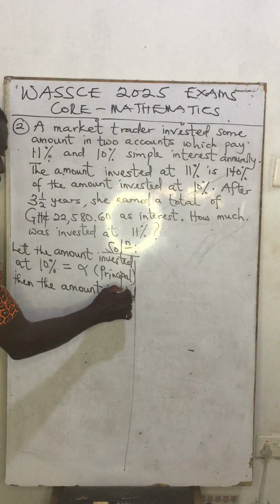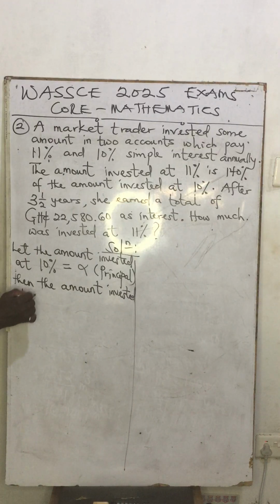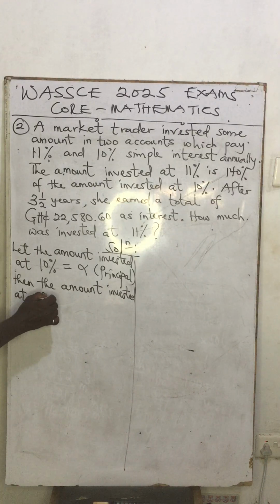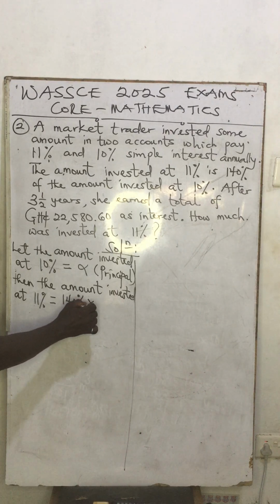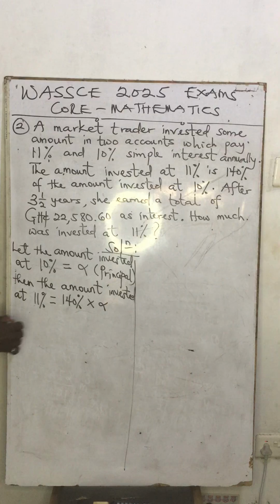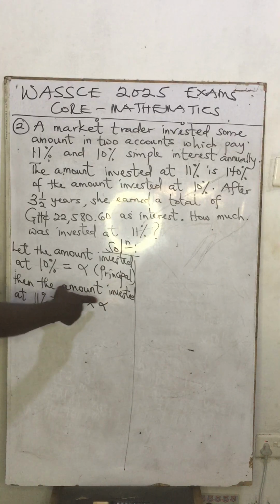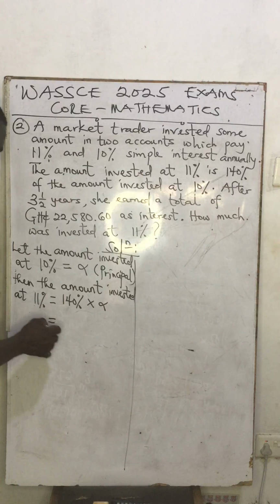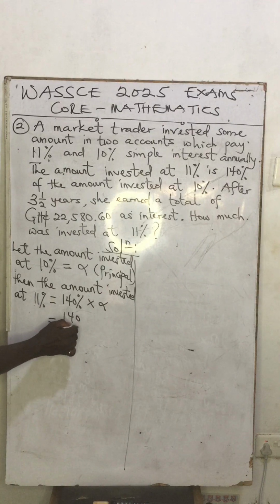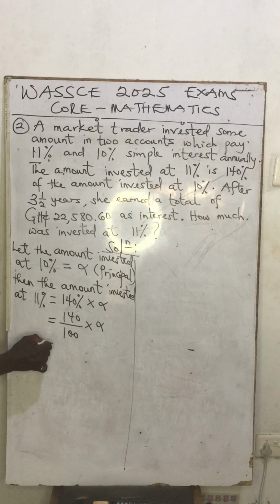Then the amount invested at 11% equals 140% times alpha, and 140% is just 140 over 100 times alpha.